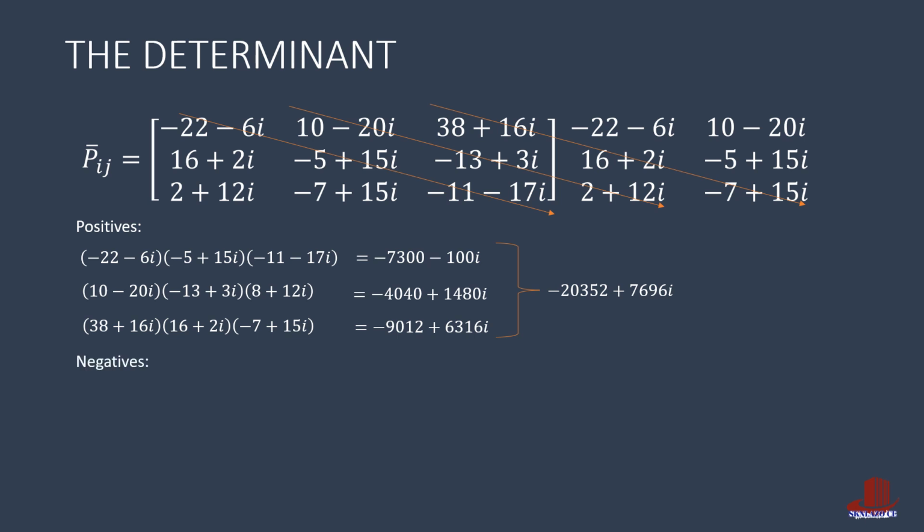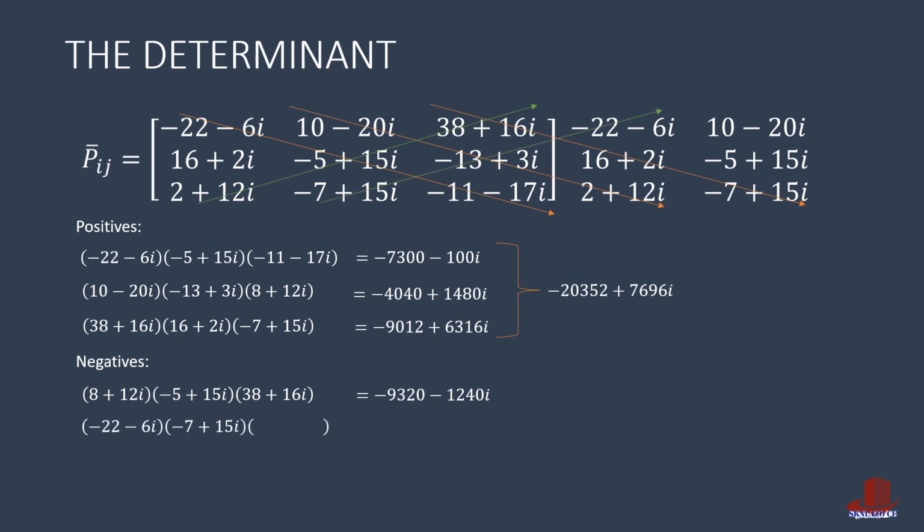Next is to take the negatives, which are from the products of elements in anti-diagonals. The first contains the binomials 8 plus 12i, negative 5 plus 15i, and 38 plus 16i. Multiply to negative 9,320 minus 1,240i.